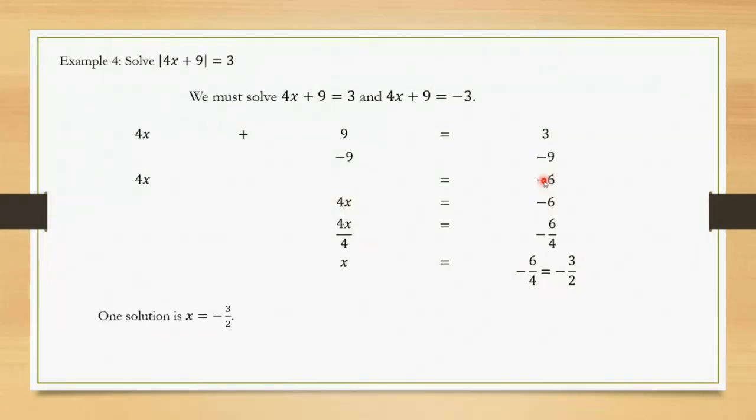When you solve an equation like this, you want x to be all alone. We get 4x is negative 6, but we don't want 4x, we want x. So we divide by 4. And doing so, we get x equals negative 3 over 2.